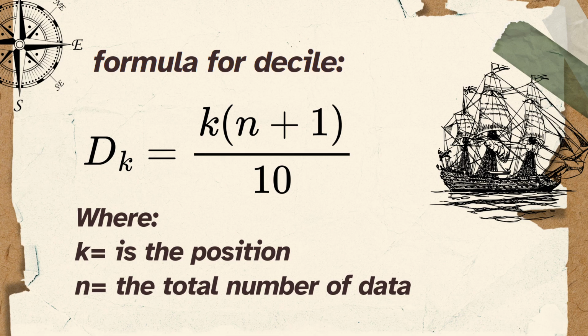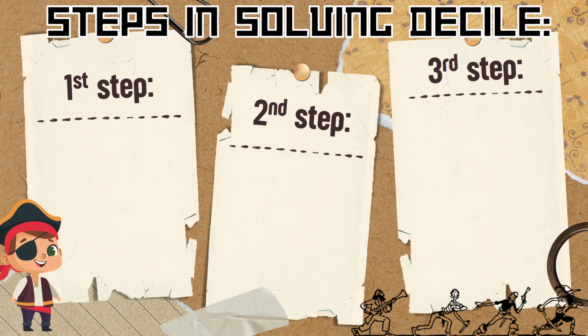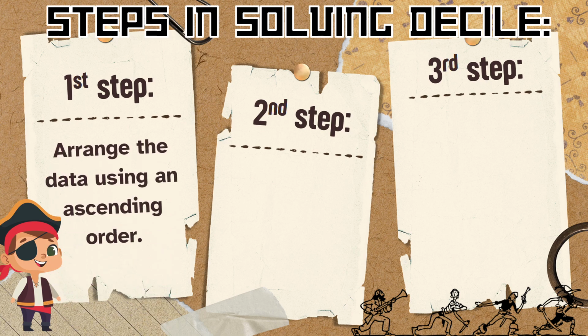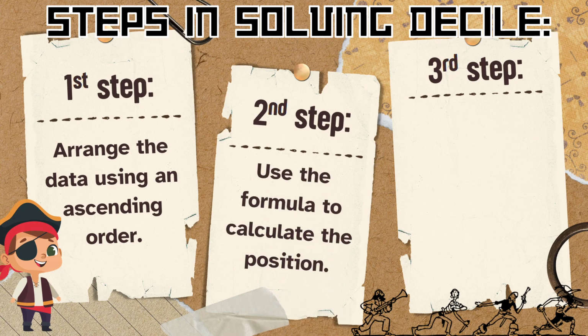Okay? Now, in solving decile, we have steps, di ba? For our first step, arrange lang po natin yung data into ascending order. After na natin ma-arrange, we will use the formula to calculate the position. After natin ma-use yung formula, let us check if our answer is a whole number or decimal.